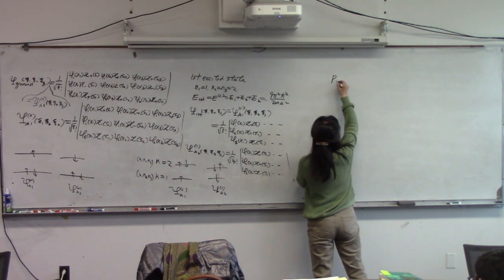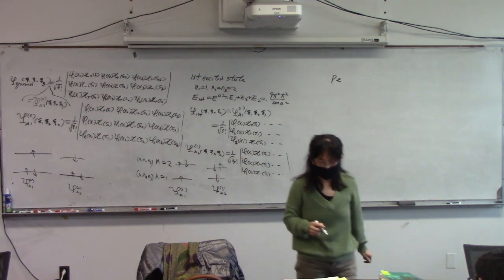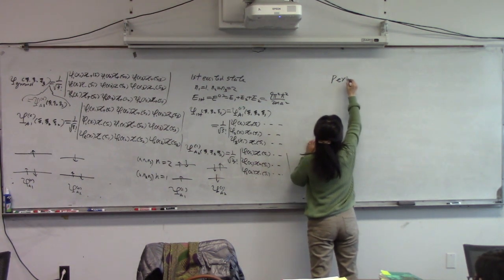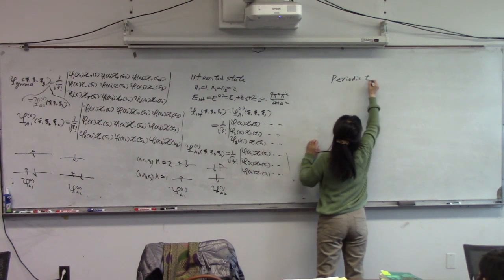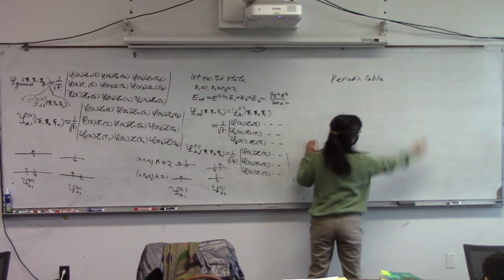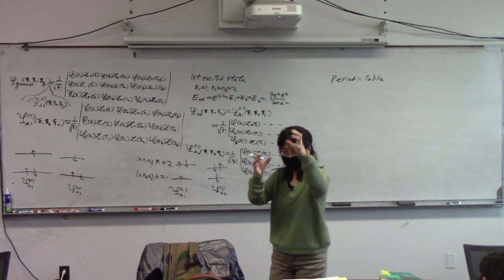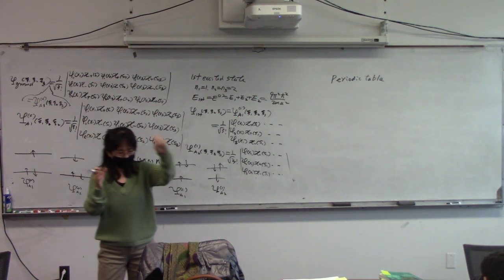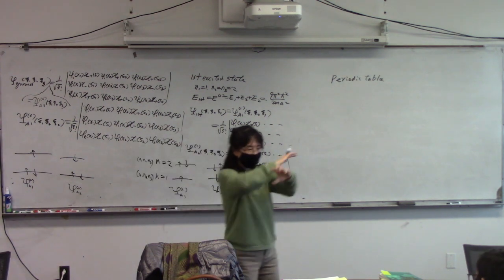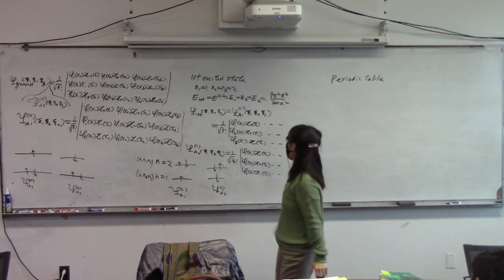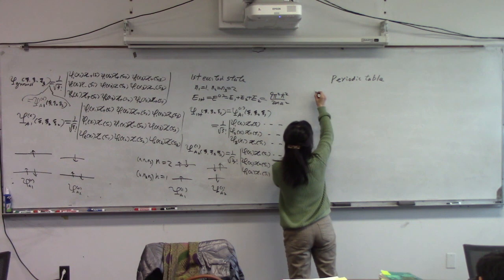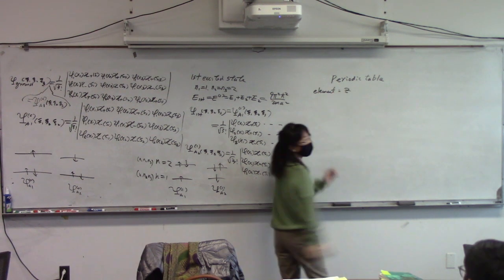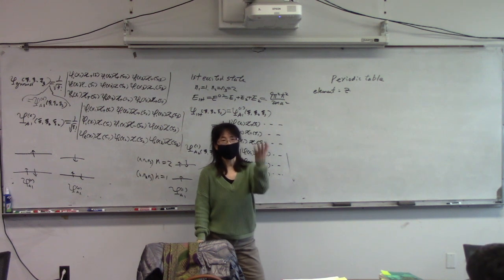Okay, last topic, we have the application to the periodic table. Why can the periodic table form all the elements in the way on the table, where each element has its own position, row and column? In the periodic table, first, each element has an atomic number Z. What does that mean?